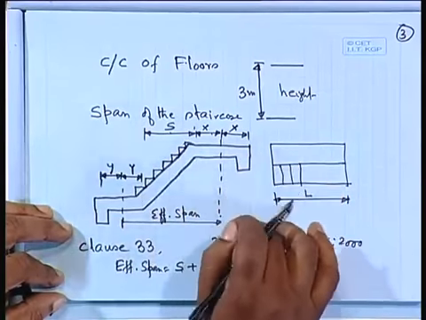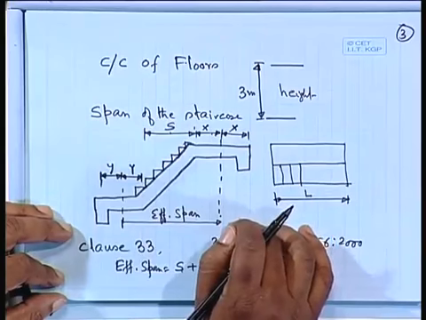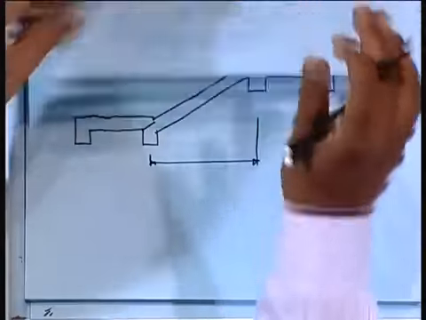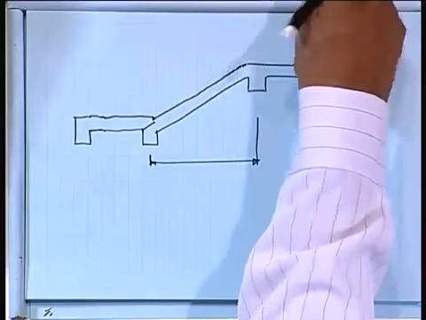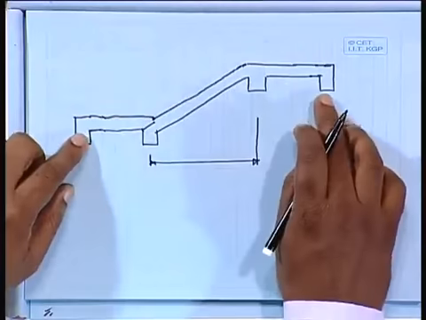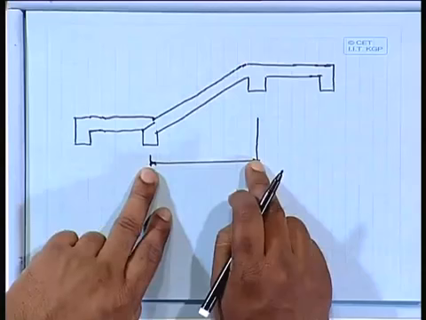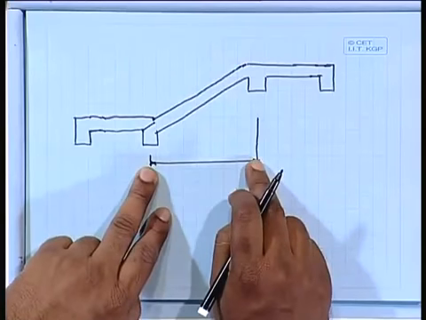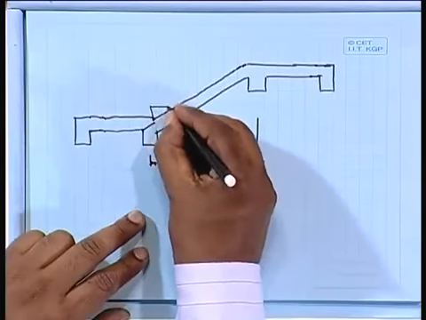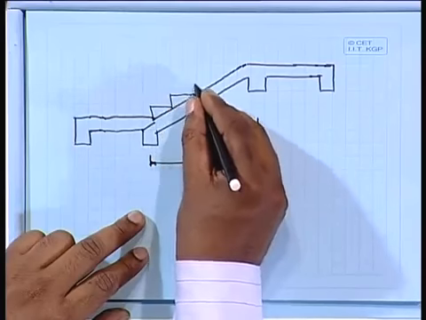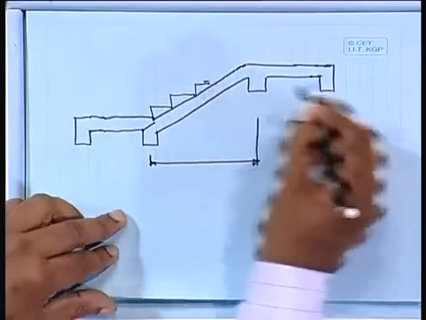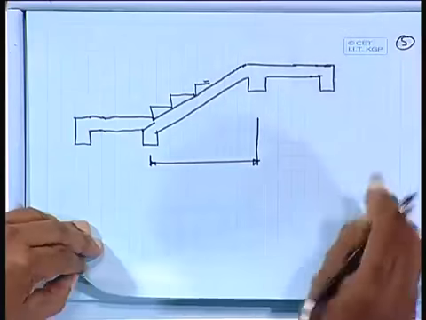It may be supported at walls also, that is another case. But in the other possible case which I am talking about here, the effective span will be this one, center to center distance, and where you are having the staircase like this. Okay. So, let us calculate dead loads.